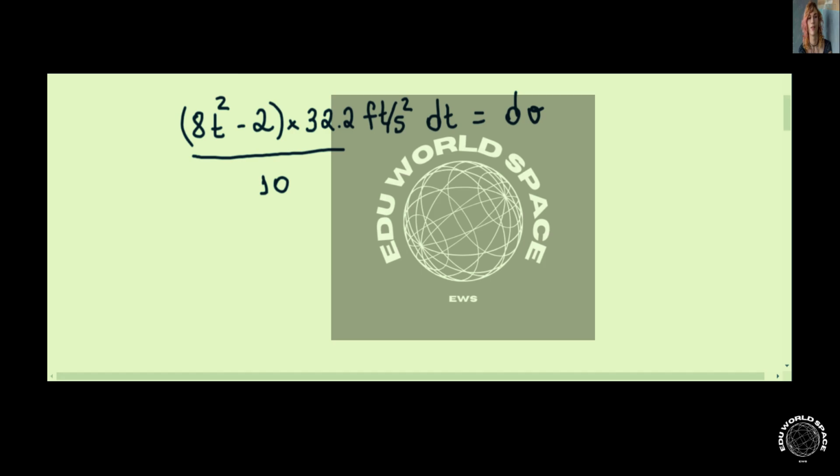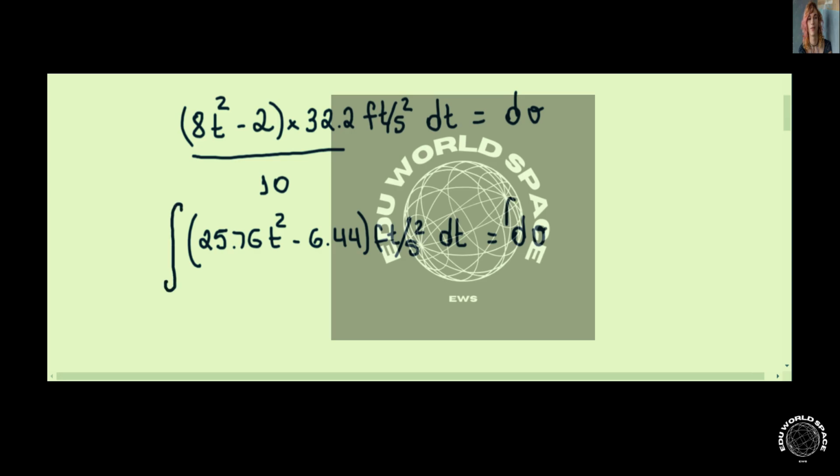So we obtain 25.76 t squared minus 6.44 feet per second squared, dt is equal to dv, and I'm going to integrate both sides from the time t equals 0, when the speed is 4 feet per second, to a time t, when the speed is v.